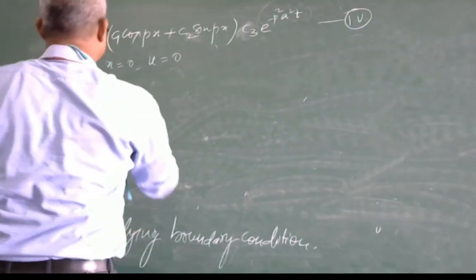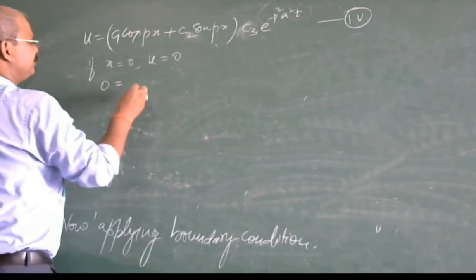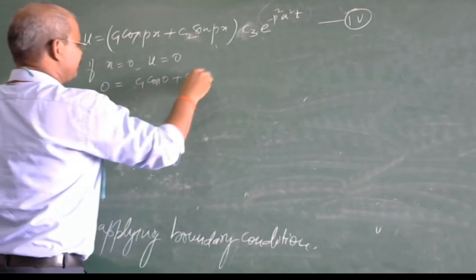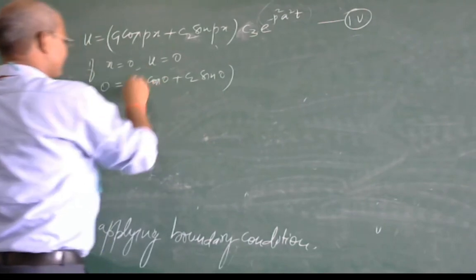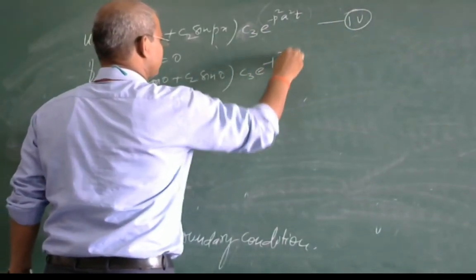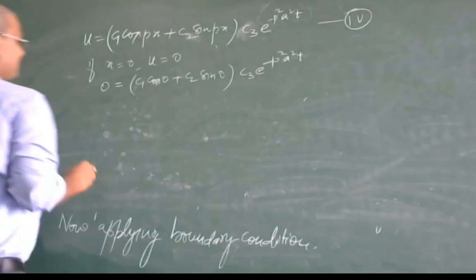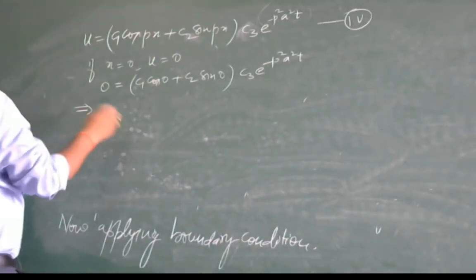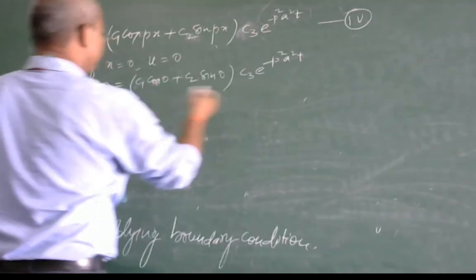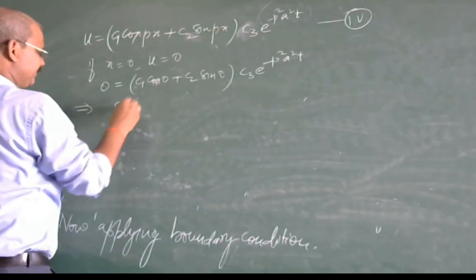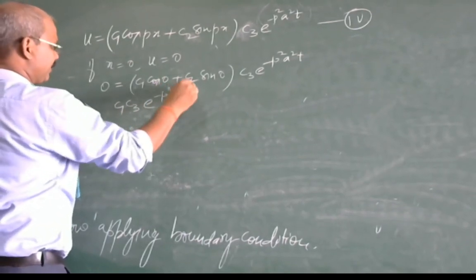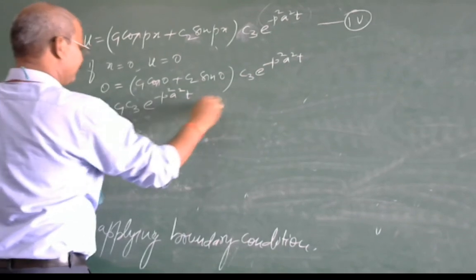So now u equal to 0, c1 cos 0 plus c2 sin 0. c1 c3 e to the power minus p square a square equal to 0.